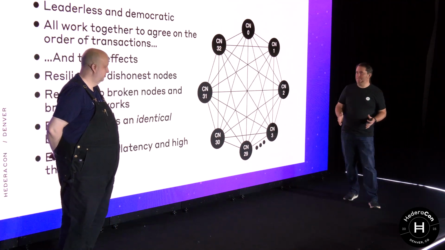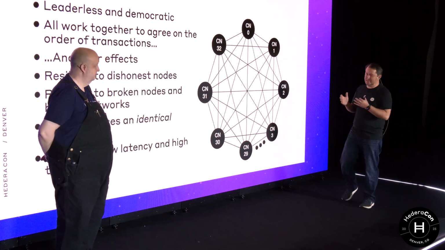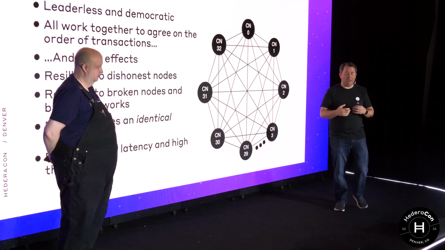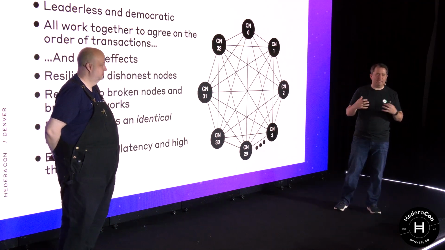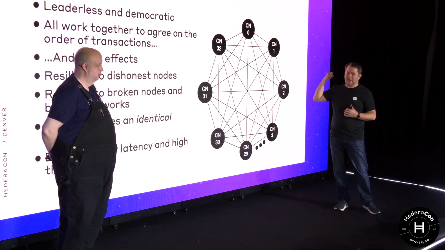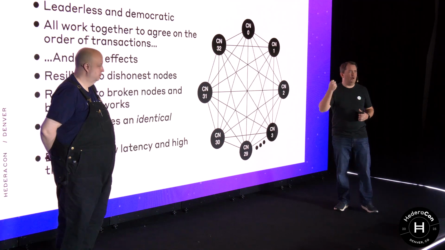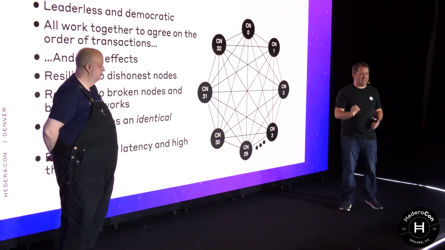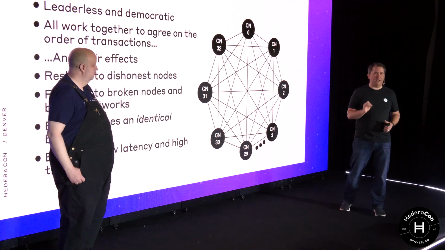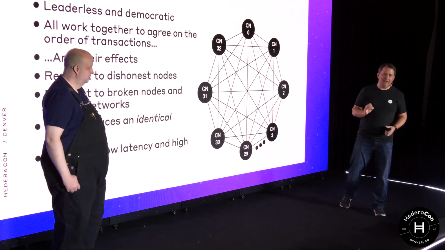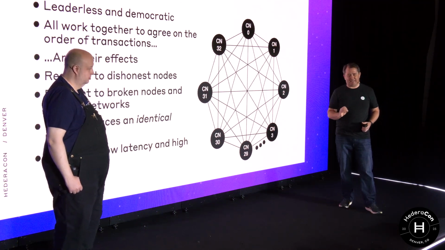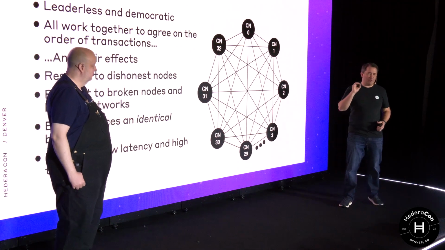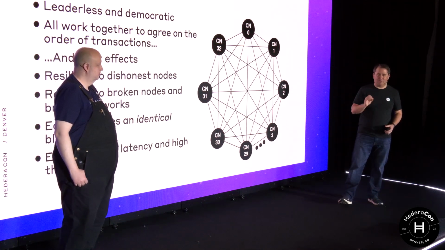And this is the part that, to me, is so fundamental. Everything else that we talk about is based on this idea that these nodes are independent actors who independently order the transactions in exactly the same way, execute the transactions in exactly the same way, come to the exact same state at the end, and then they produce identical blockchains.